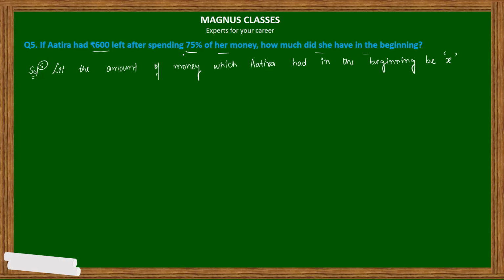she has spent 75% of the rupees, so 25% she has saved. So we will say 100 minus 75% of x is equal to what she saved, 600 rupees. So 100 minus 75 is obviously 25%, so 25% of the total money is equal to 600.